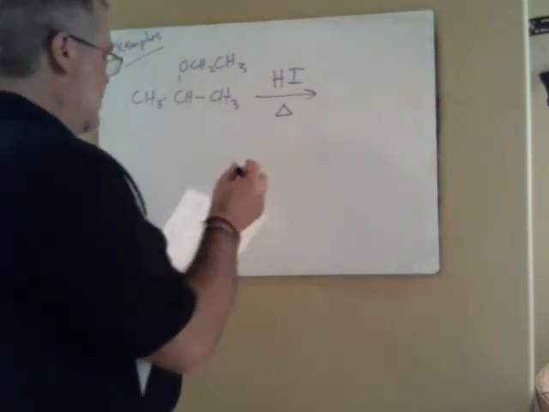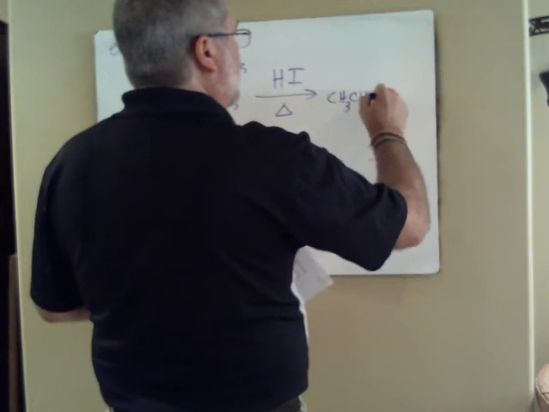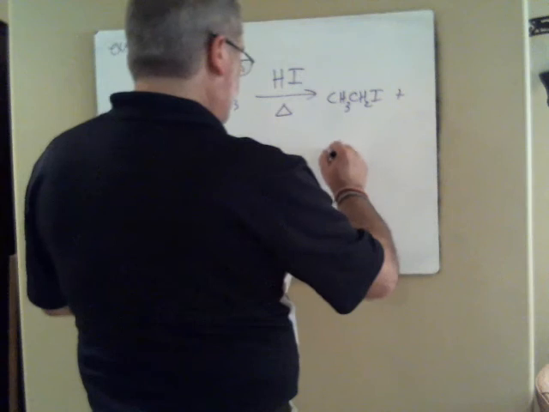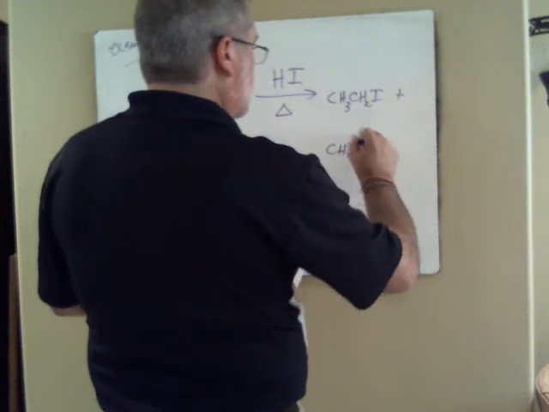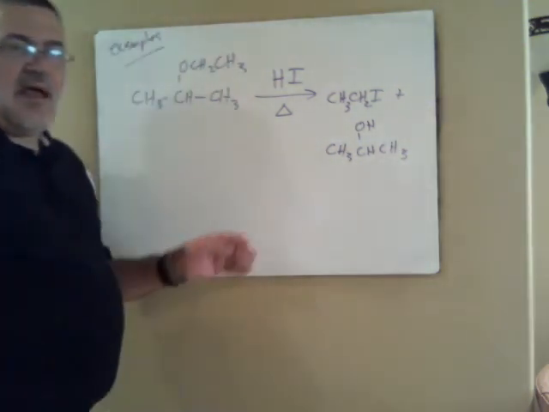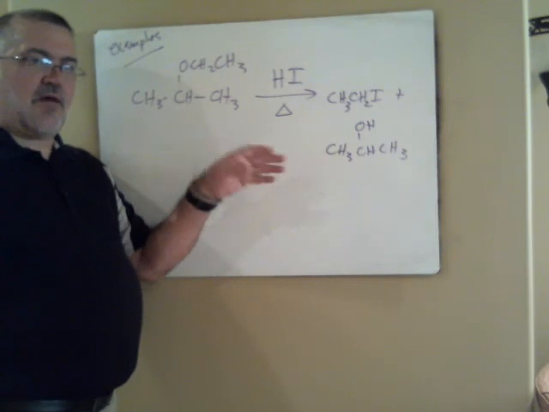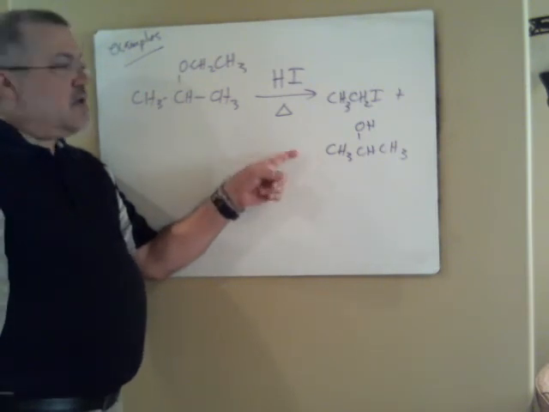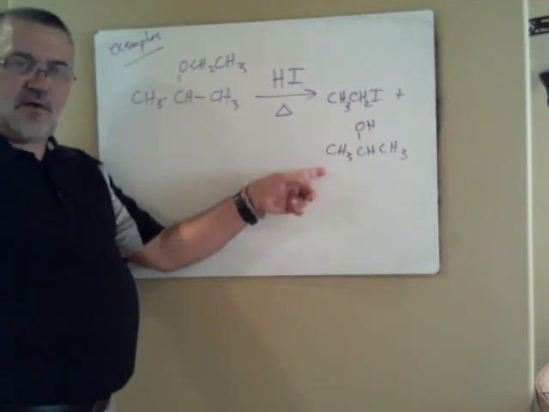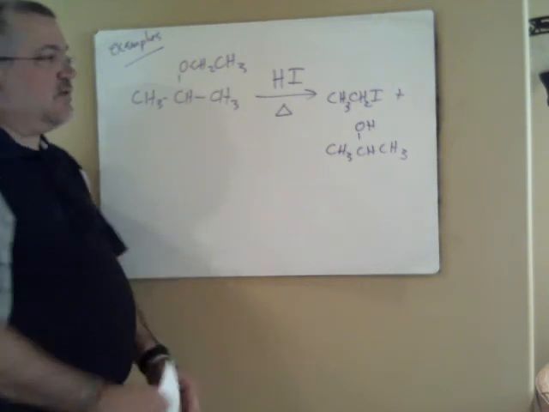And it's going to cleave, and when it cleaves, it forms an alkyl halide and an alcohol. When I was learning this, I thought about this as really the reverse of a Williamson ether synthesis, right?